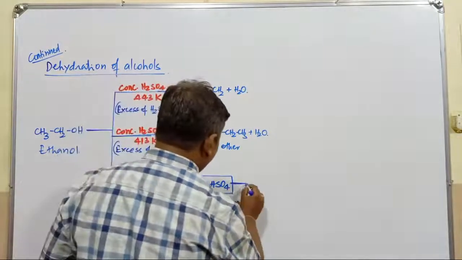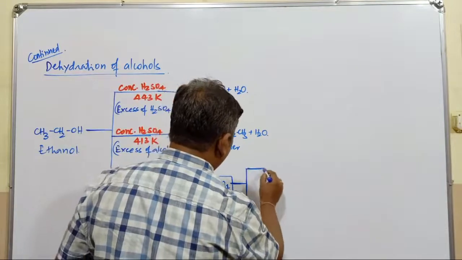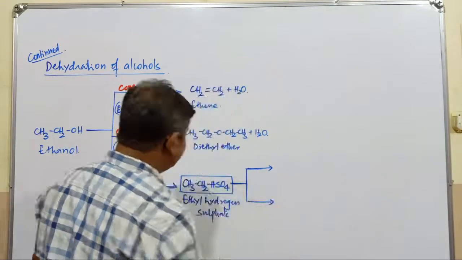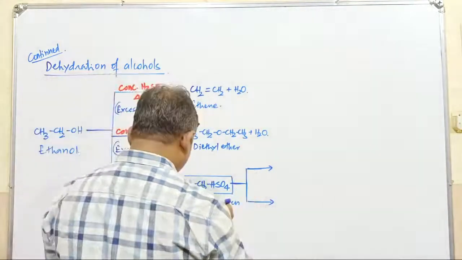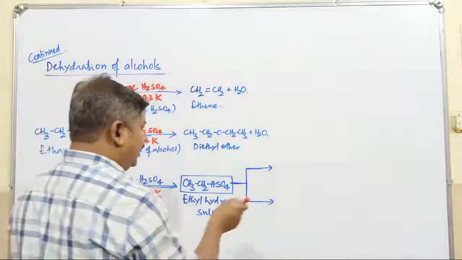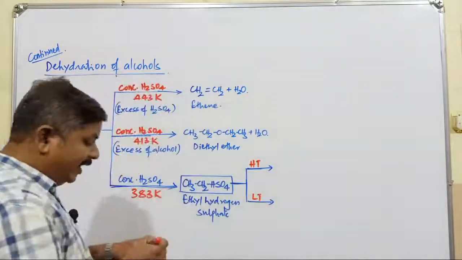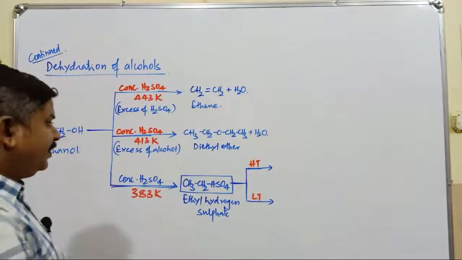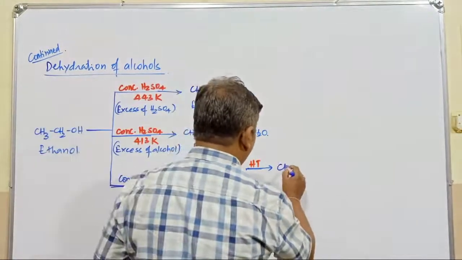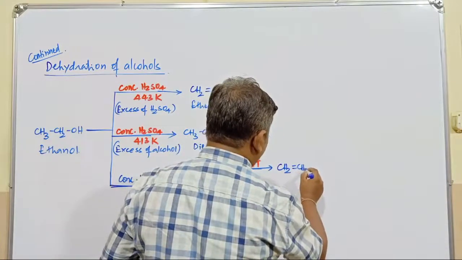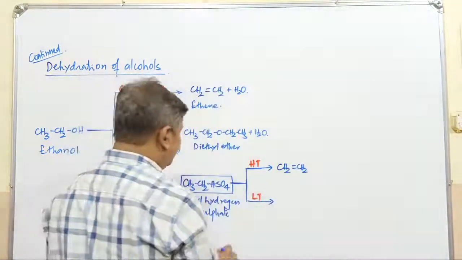Further, if you carry out the reaction of this ethyl hydrogen sulfate at high temperature and at low temperature, again it gives different products. At high temperature, again the formation of CH2=CH2, that is ethene, takes place.